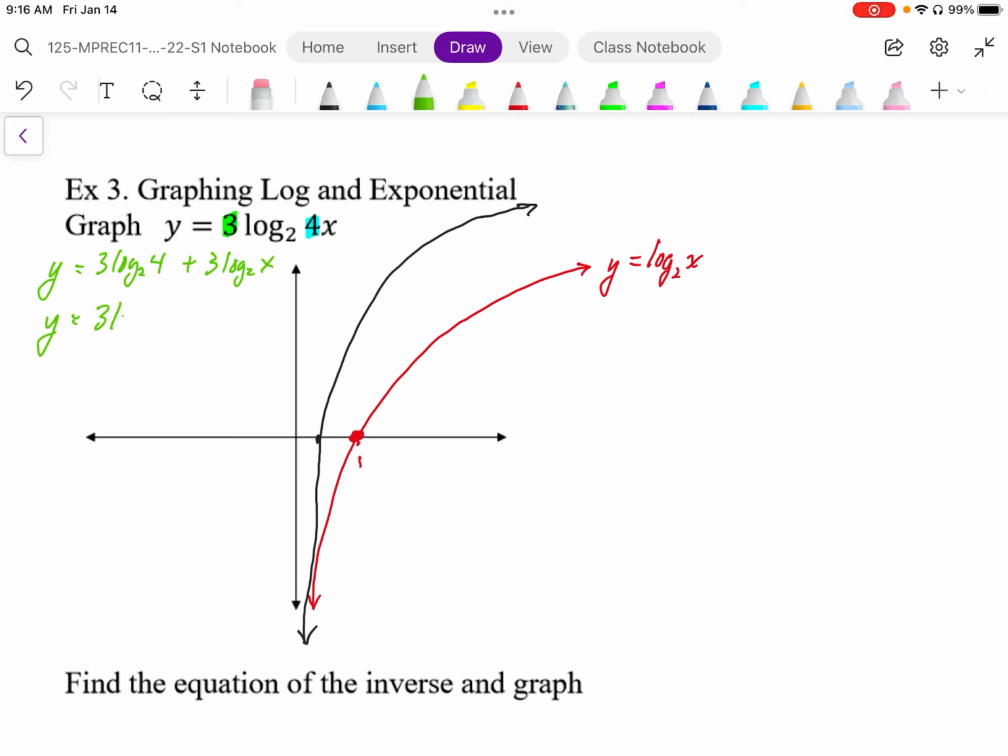So we end up with 3 log base 2 of x. There's our vertical expansion. But we also have a vertical shift of plus 6. So in this case, we can see that if we were to reference that point here, it has been shifted up 6. Okay, and it does the same thing.